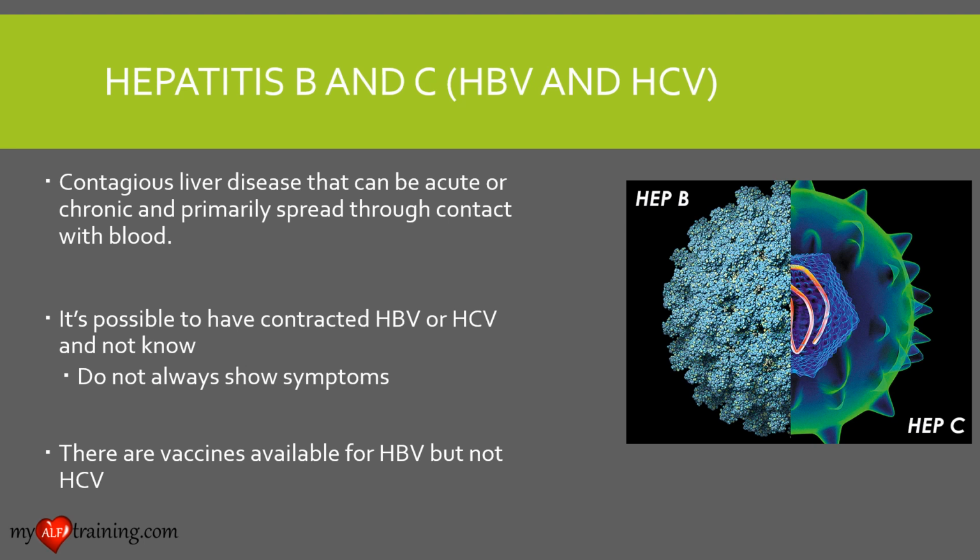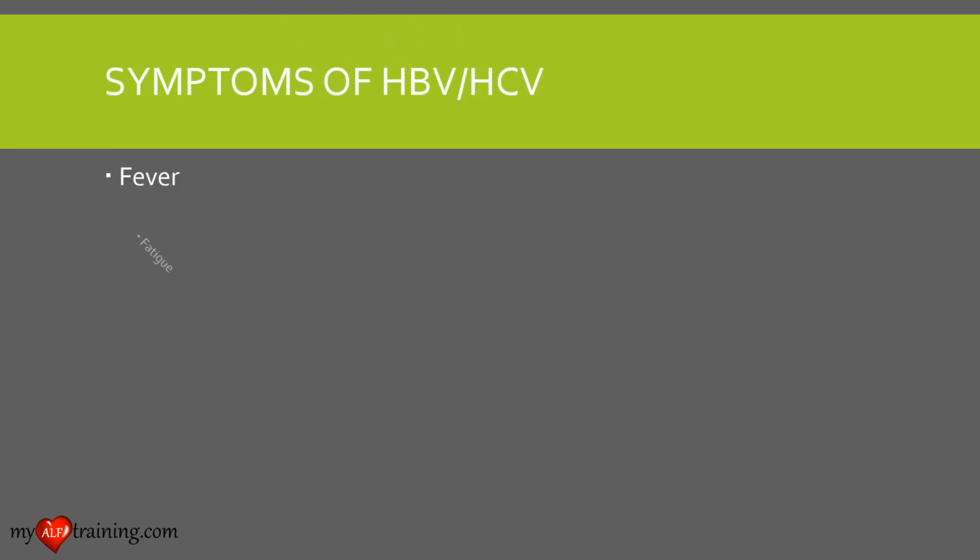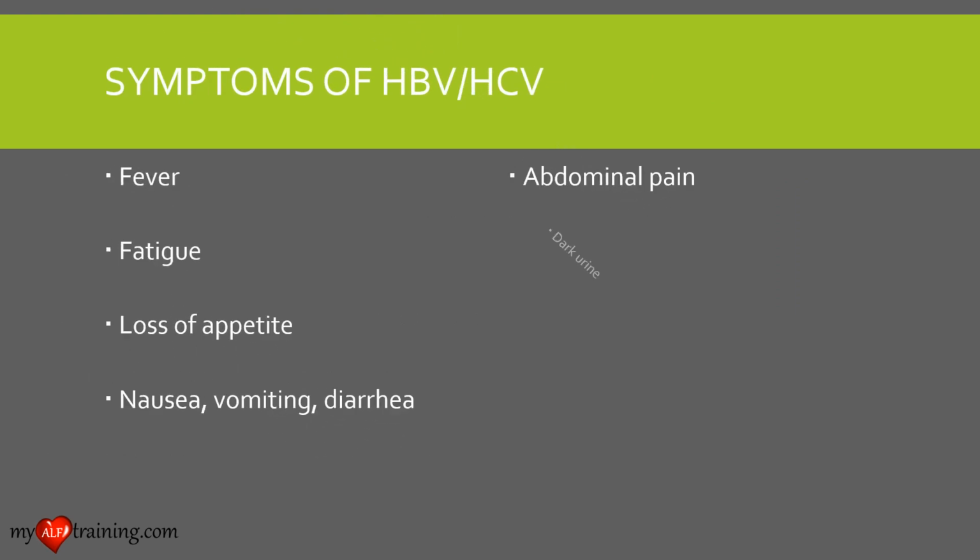There are vaccines available for hepatitis B, but currently there are no vaccines available for hepatitis C. Symptoms of hepatitis B and C can include fever, abdominal pain, fatigue, dark urine, a loss of appetite, clay-colored stools, nausea, vomiting, and diarrhea, joint pain, and jaundice.